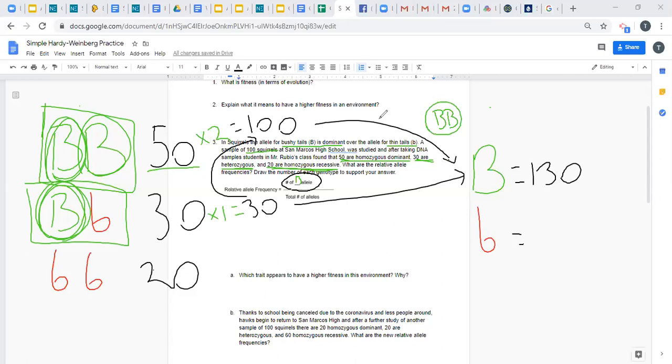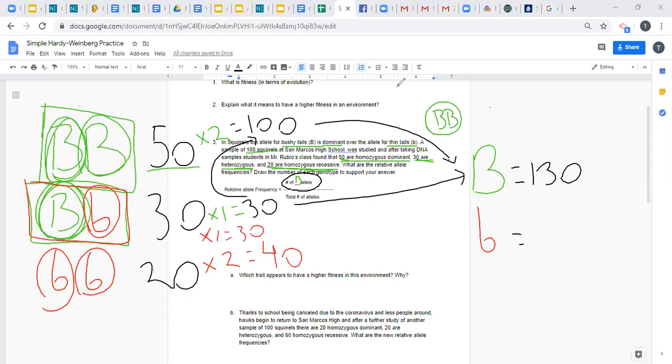Now I do the same thing for little b. Multiply by 2 because there's two of them. This gets me 40. There's one of these here, but since there's a total of 30 of these, I do the same thing, so times 1 gets me 30. These two give me a total of 70.